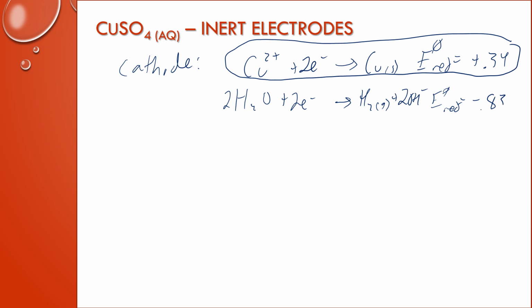It's a little bit more complicated for the sulfate. So we're going to use our sulfate ion with 4 hydrogen ions. And again, I'm going to write these as reductions for our anode, just so you have an idea of what it looks like in your data booklet.